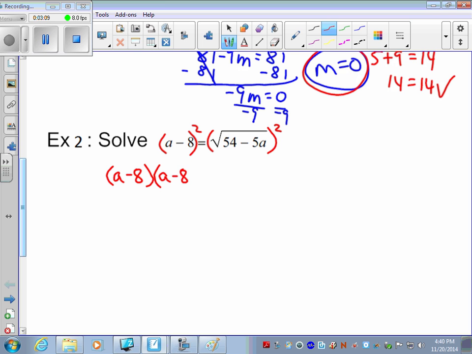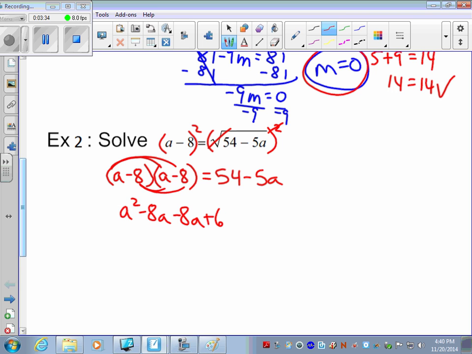So I have a minus 8 times a minus 8. On the right, the square root and square cancel out, you get 54 minus 5a. Left side I need to multiply that out. I need to figure out what I have over here. So I have a times a is a squared, a times negative 8a, another negative 8a, negative 8 times negative 8 is 64.